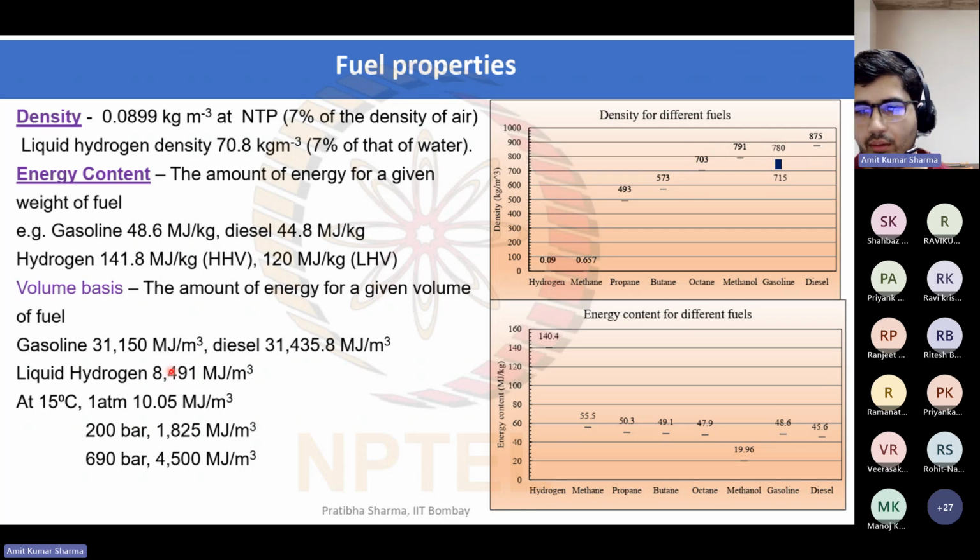So it's a constraint for hydrogen: the volumetric energy is very low. The mass-based energy is very high, but the volumetric energy is not that much. At 690 bar, it is only 4500 megajoule per meter cube.